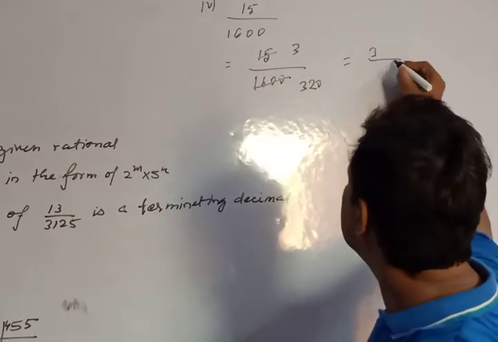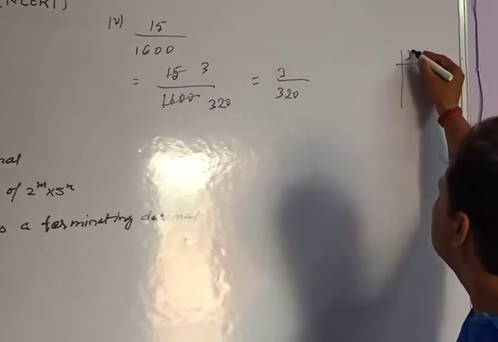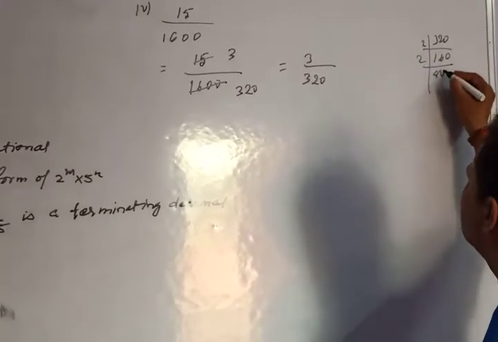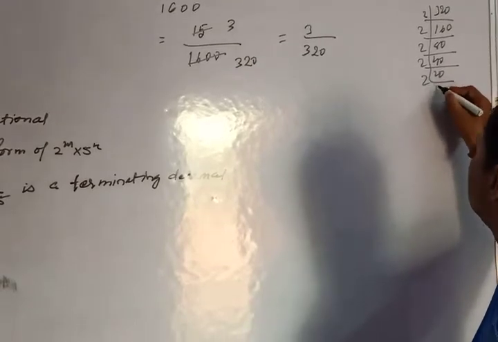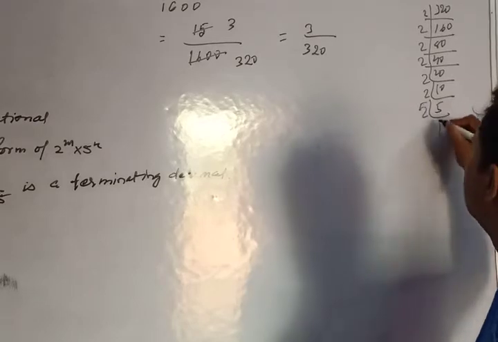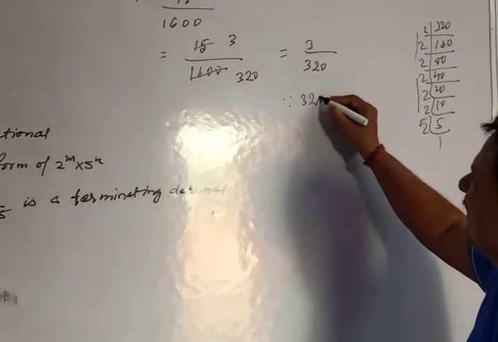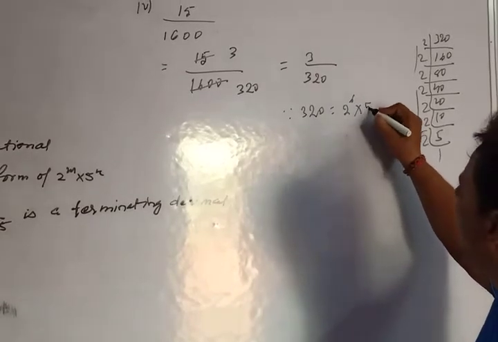Then it comes to 3 upon 320. Now prime factorize 320: 320 by 2 is 160, 80, 40, 20, 10, 5, 5. How many times? 6 times. Since 320 can be written as 2 to the power 6 into 5 to the power 1.